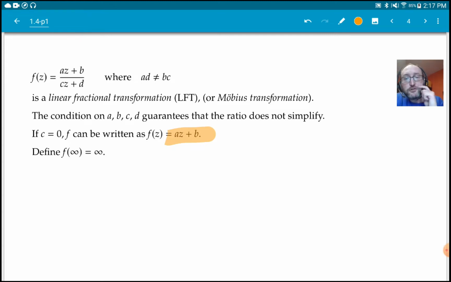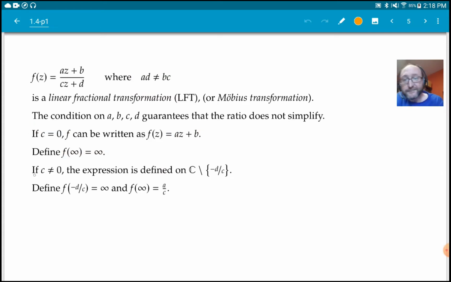Using the Riemann sphere, we can define F at infinity to be infinity, as we said that any non-constant polynomial goes to infinity, and this is definitely non-constant. A cannot be 0, because if A is 0 and C is 0, we're not satisfying this condition. So we define F at infinity to be infinity in this case, if C was 0.